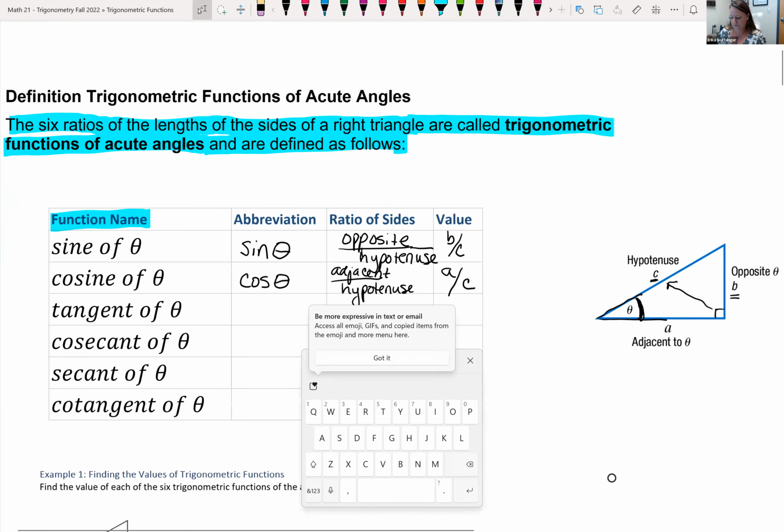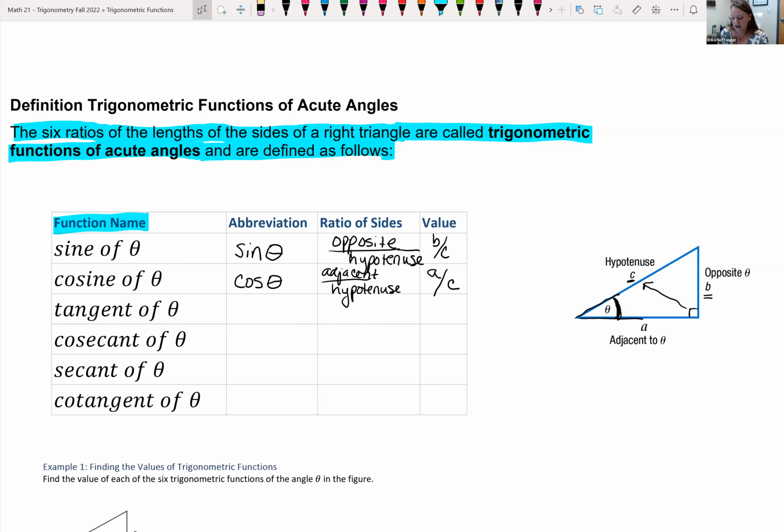Tangent theta is another trigonometric function, and we would denote it as TAN theta. This is the opposite side of angle theta all over the adjacent side. So the opposite of theta is side B, all over the adjacent side, which is side A. Cosecant theta, you can abbreviate it as CSC theta.